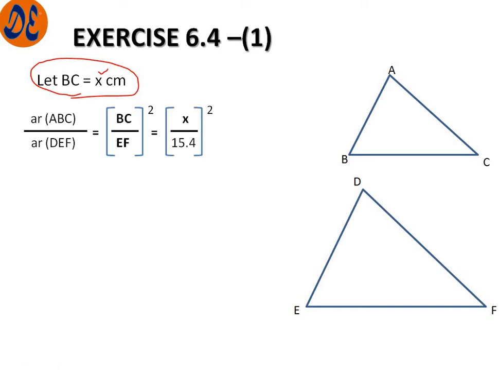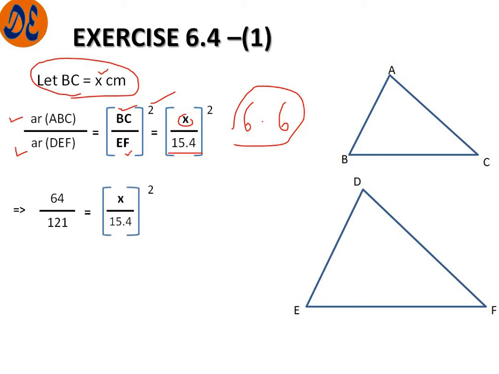So as per theorem 6.6, we can write area of ABC by area of DEF is equal to BC by EF whole square. If you substitute the values, BC is X and EF is 15.4.